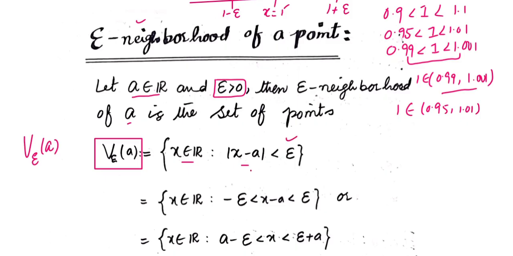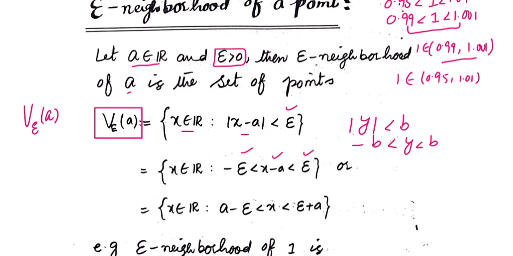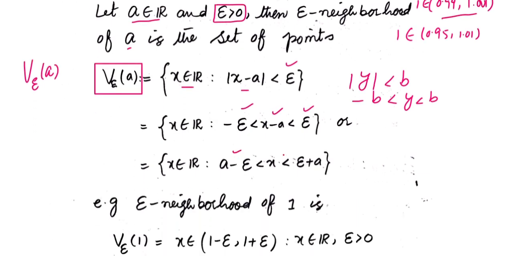Next, by using the property that absolute value of y less than b, where b is any real number, you can open this absolute value as minus b less than y less than plus b. So this can be written as minus epsilon less than x minus a less than epsilon. By adding a on both sides, we have a minus epsilon less than x less than epsilon plus a.